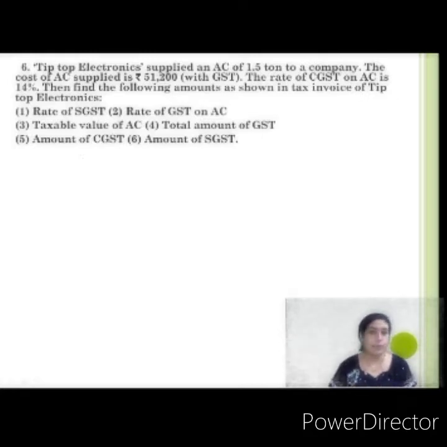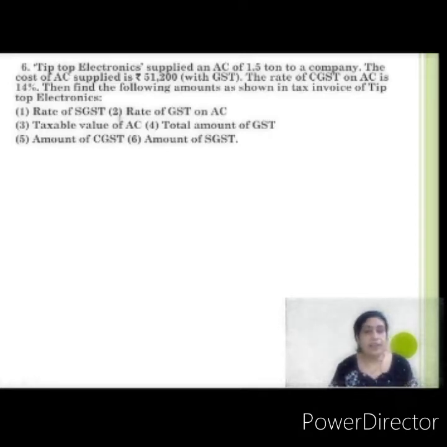Okay, fine, no problem. What is the rate of SGST? Very simple. What is the rate of GST given? GST is not given. What is given? CGST. So if CGST is 14%, what will be SGST? It will also be 14%.